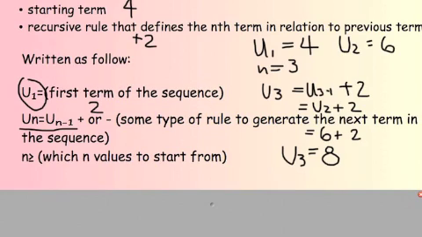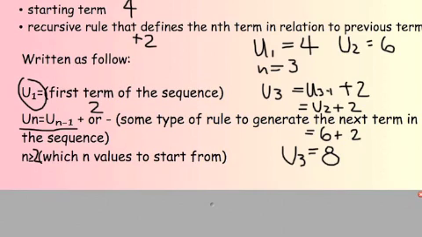So we will always have to use n greater than or equal to 2, because we already defined u1. We already said we have n equals 1, so the next term will be n equals 2, 3, 4, 5, and so forth. Again, we don't have any negative integers for our term number. We can't have a negative term.